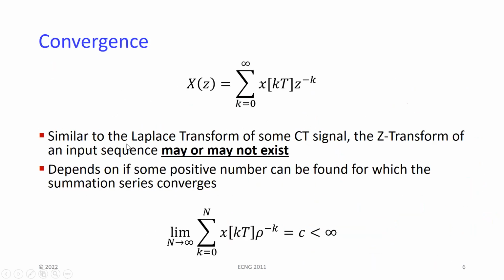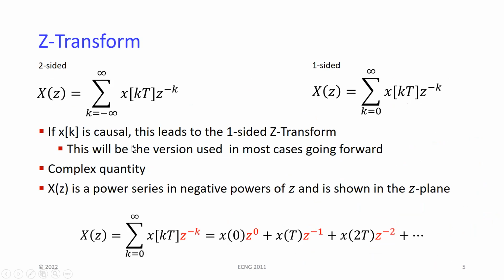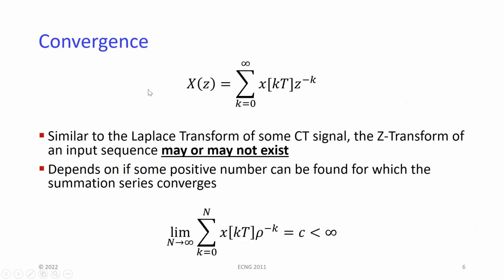So we spoke about this. This was just the fact that it is a power series, and for this to have a finite sum to infinity, there are certain conditions that have to exist so that this will actually have an answer.